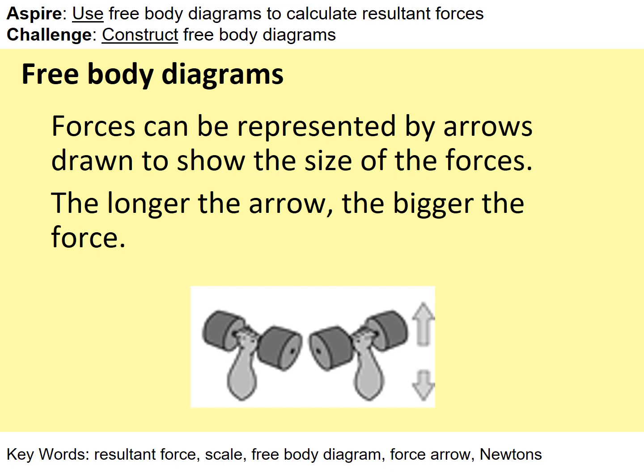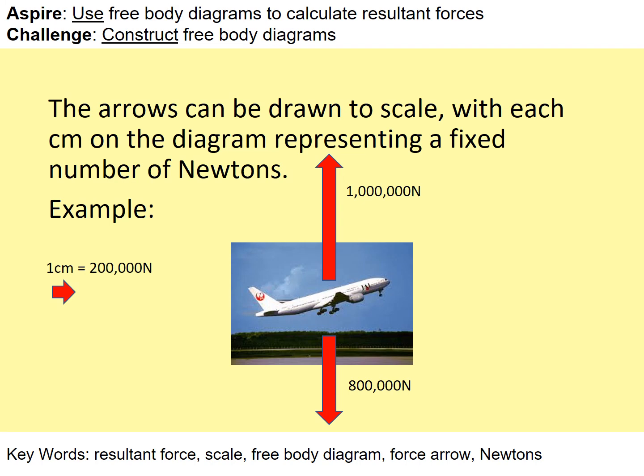Nice. And so here is a free body diagram. And this is just an example of the scale here. So it's got centimeters on, so it shows that the arrow which is lifting the plane upwards is a bigger arrow, and it's got a bigger force. The force which is bringing it down, the weight of the plane, is a smaller arrow because it's a smaller force.